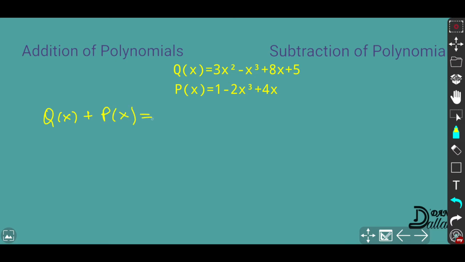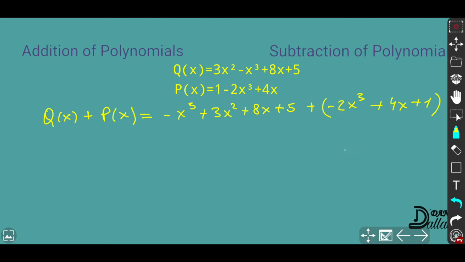You're writing terms, and maybe you can arrange them as you like, but I'll always stick to the arranging procedure from before. So first I'm arranging in decreasing order, and I add the whole expression minus 2x cubed plus 4x and plus 1.